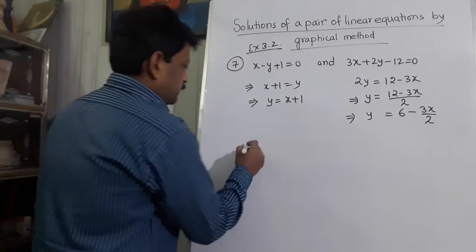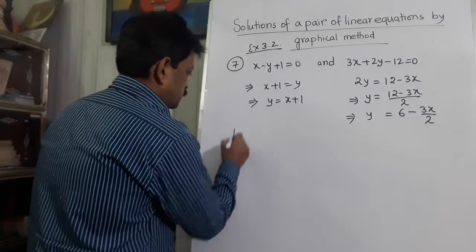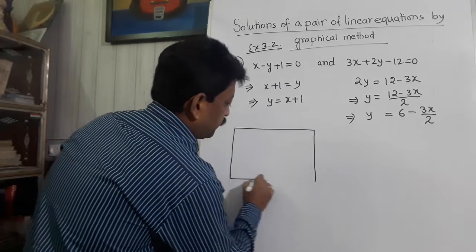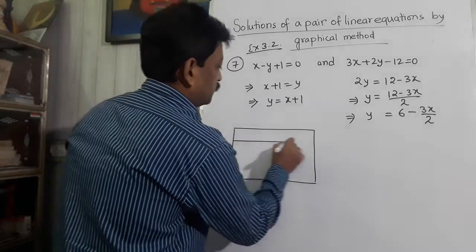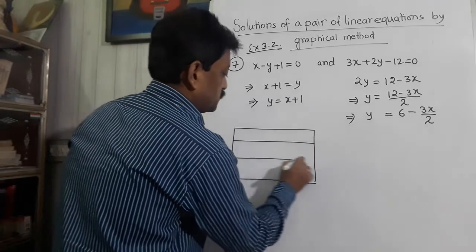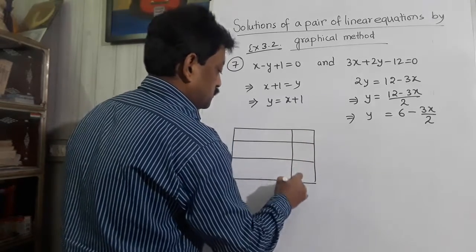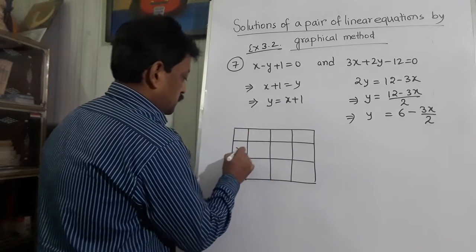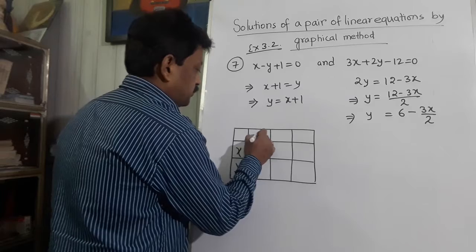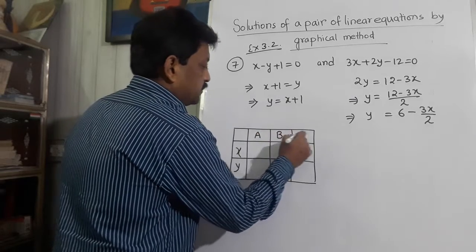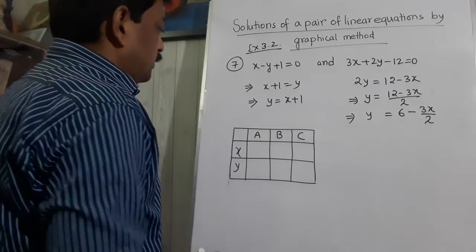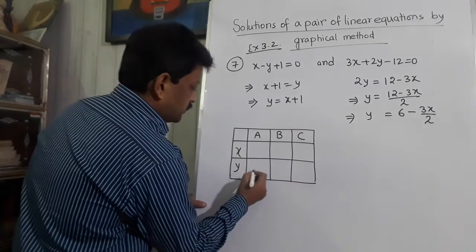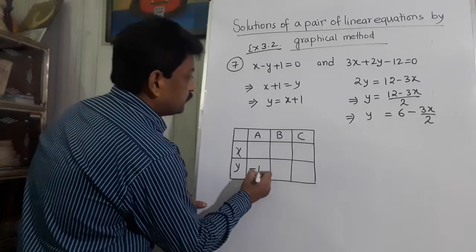Now the solution set. This is the solution set for the first equation. x, y. We have to use 3 points according to the rule. So I am taking x as minus 1.